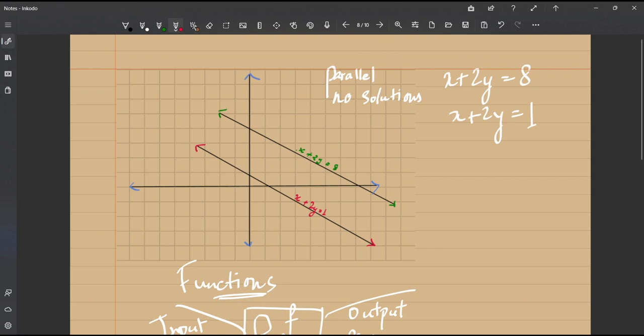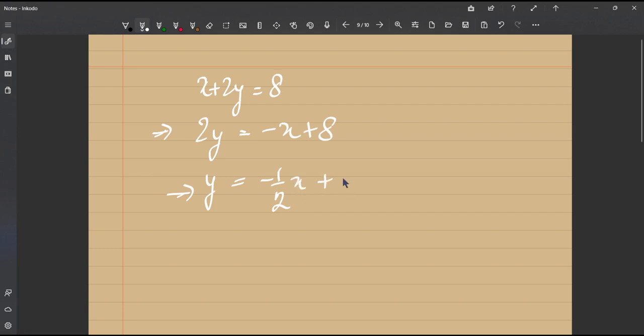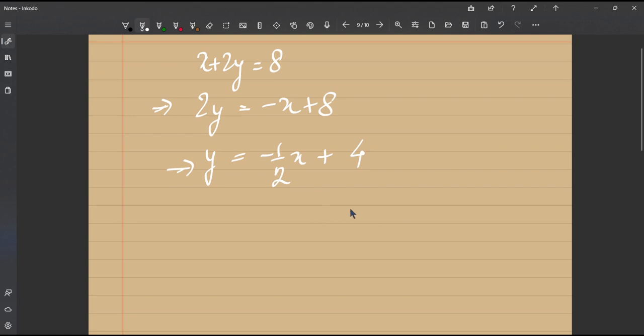So if we have this equation, say x plus 2y equal to 8, I can rewrite the same equation as 2y is equal to negative x plus 8, which in turn becomes y is equal to, dividing both sides by 2, negative 1 over 2 x plus 4, that is 8 over 2. So now, can you not look at this as a function which does the following?